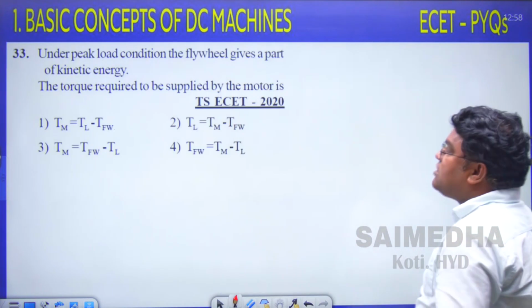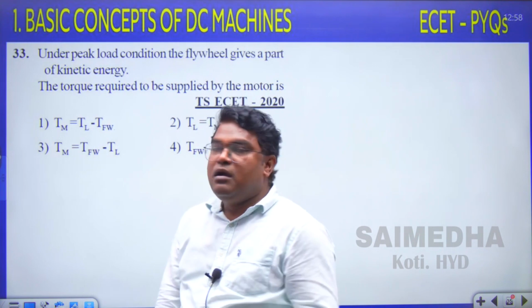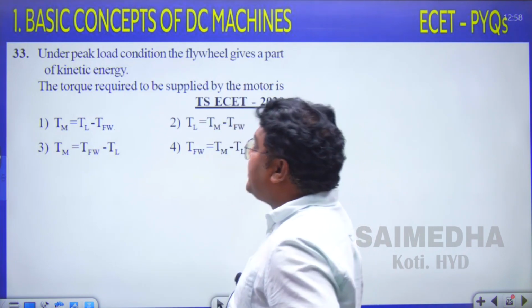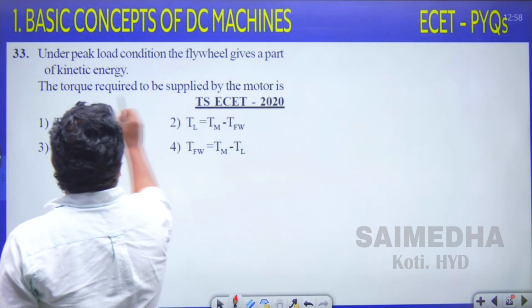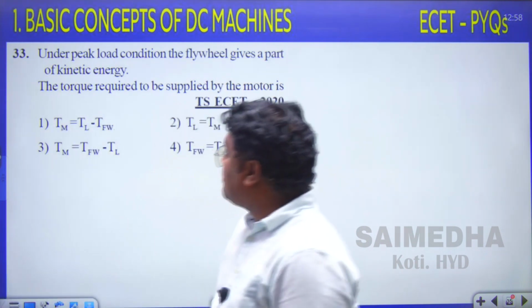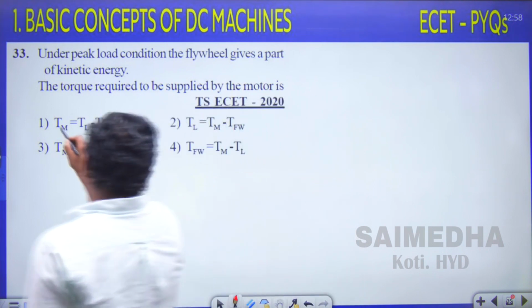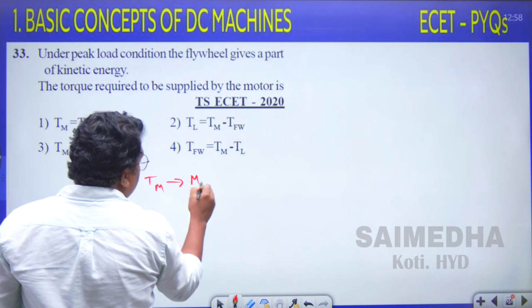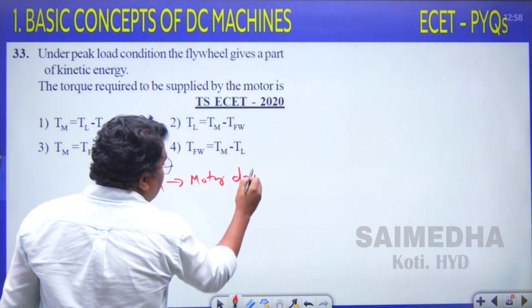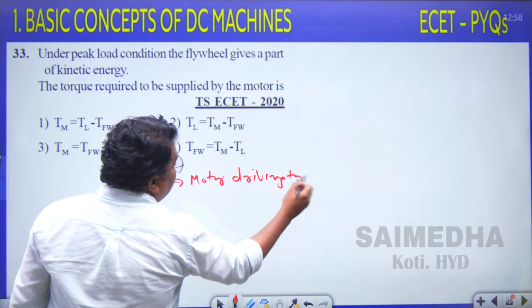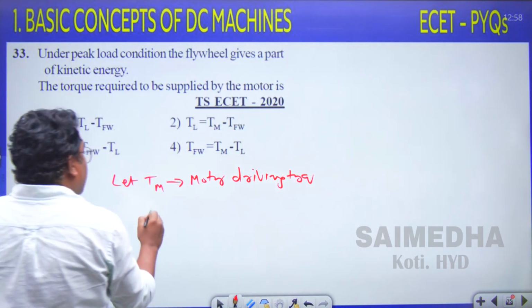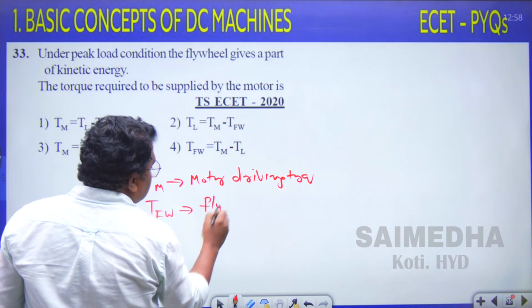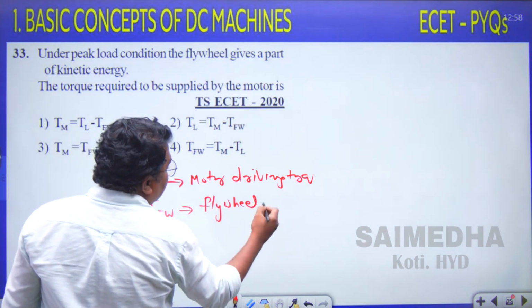And next, let us solve question number 33. Under peak load condition, the flywheel gives a part of the kinetic energy, the torque required to be supplied by the motor. So Tm is the motor driving torque. Next, Tfw is the flywheel torque of the machine.